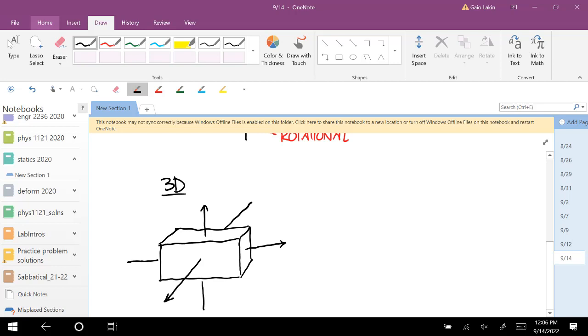And then there are also 3 axes of rotation. You can have a rotation around that axis, around that axis, and around that axis. So now we have 3 translational degrees of freedom and 3 rotational for a total of 6. Add them all up, 6 degrees of freedom.